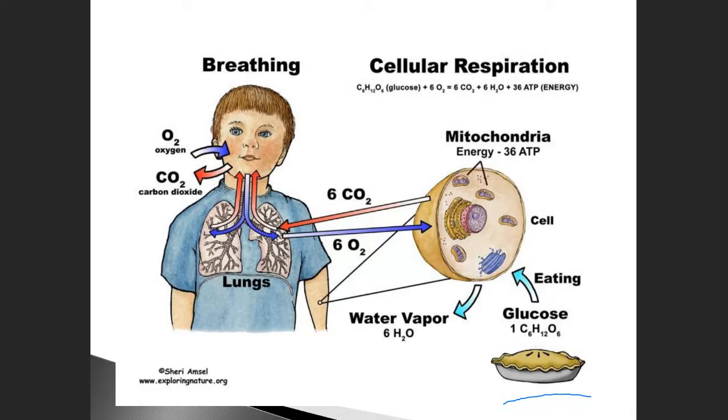They take in glucose, and then we breathe, and that oxygen gets into the blood, and it gets to all of our cells, and then we give off CO2, and we give off water as vapor, right? Those are our metabolic waste. Okay, isn't that cool?